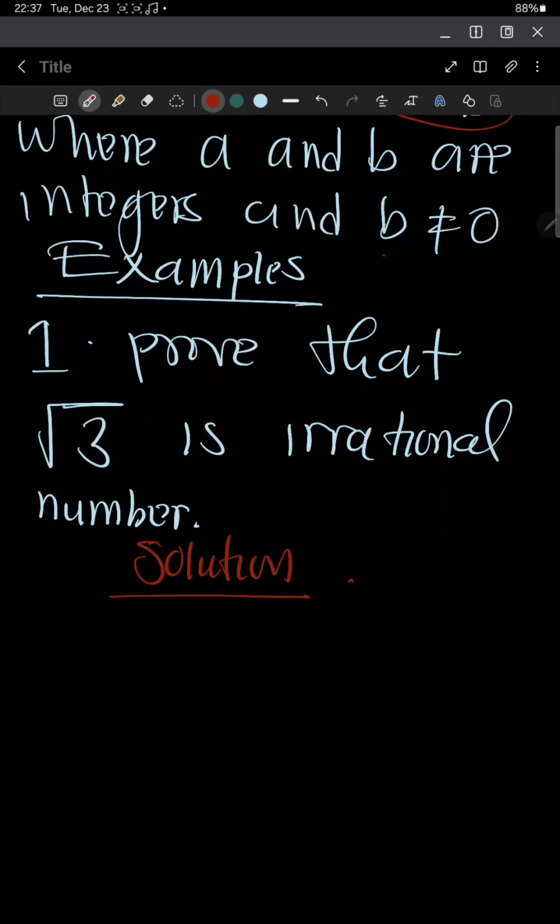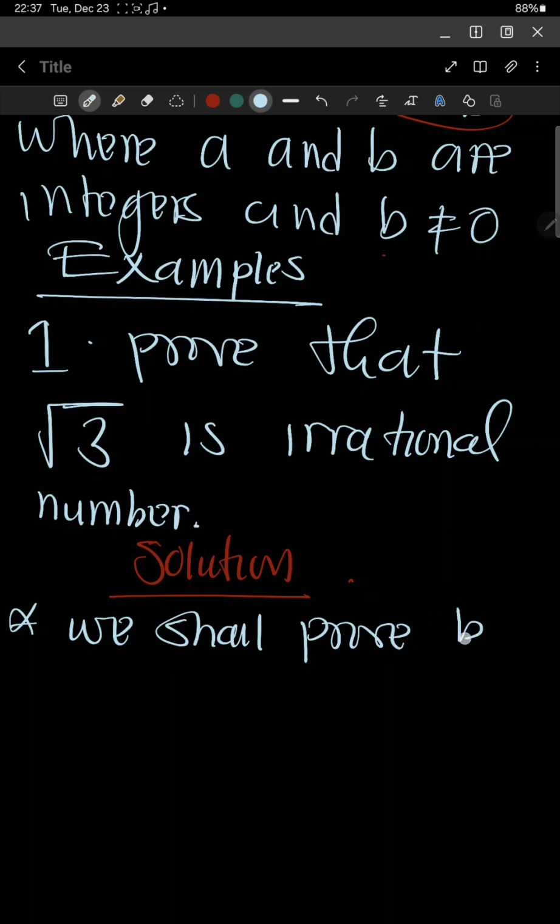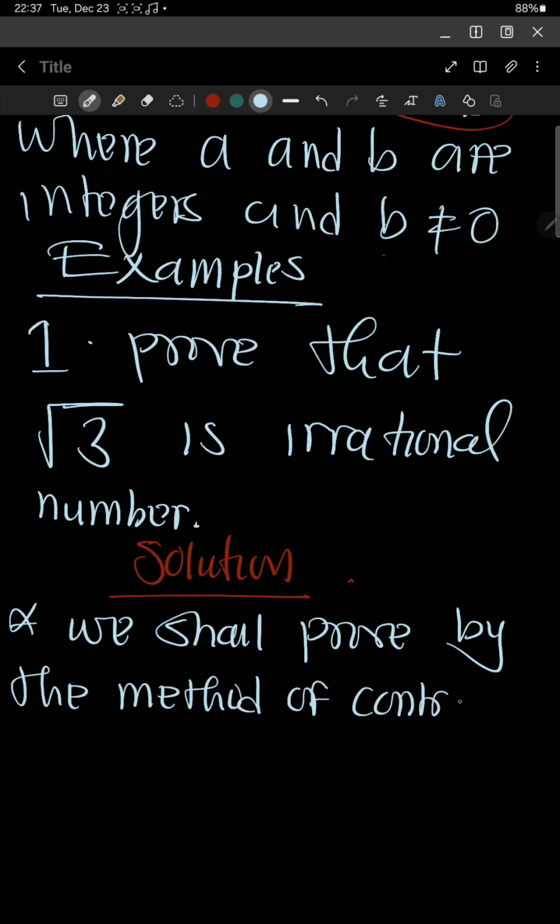To solve this question, you need to start by saying we shall prove by the method of contradiction, full stop.